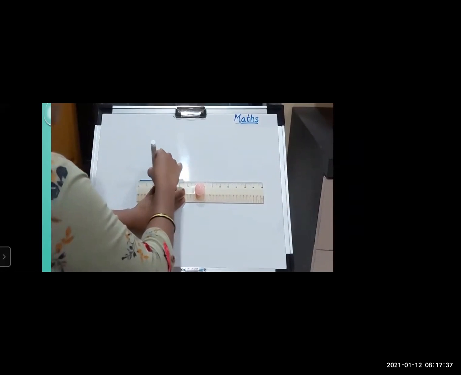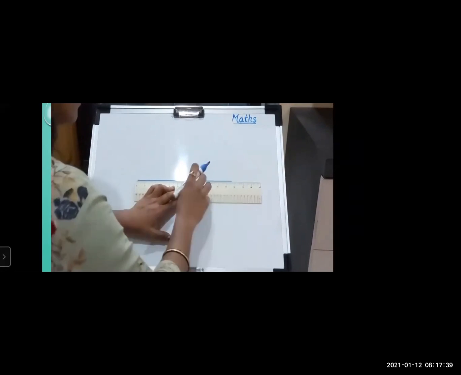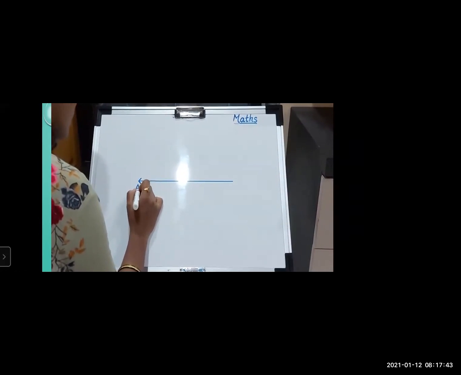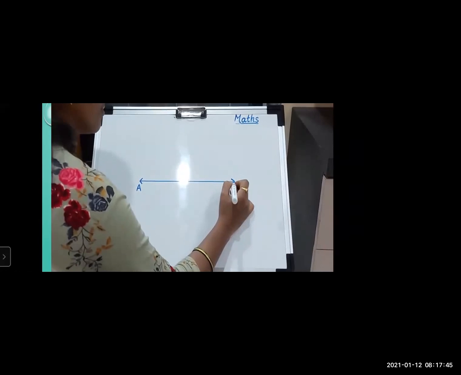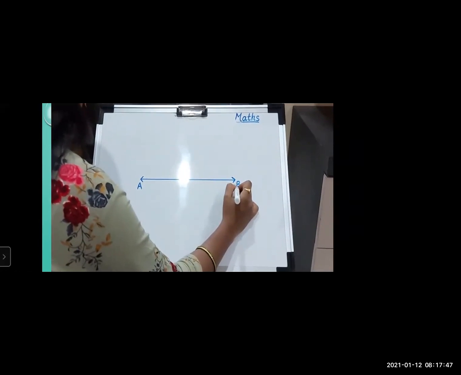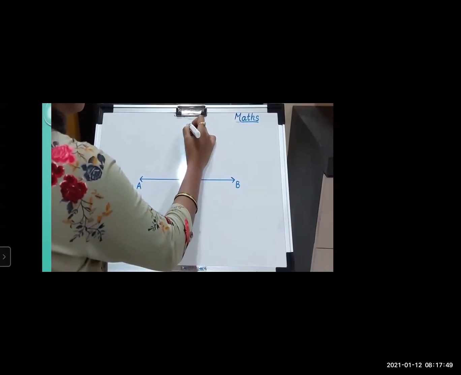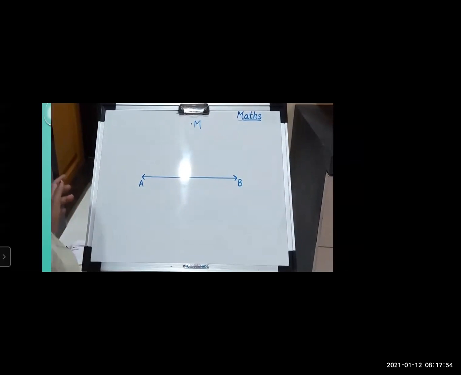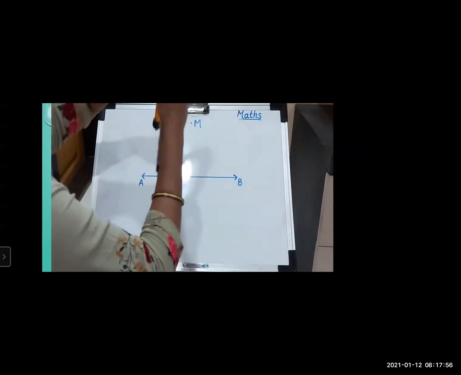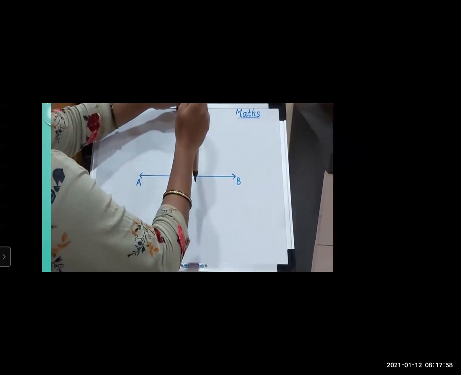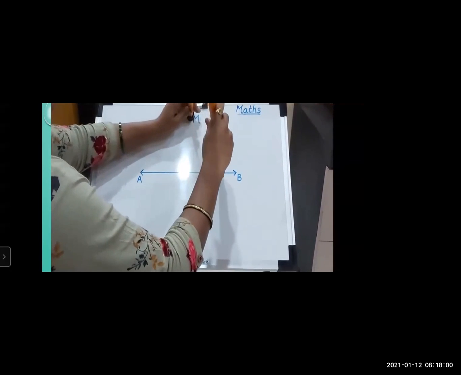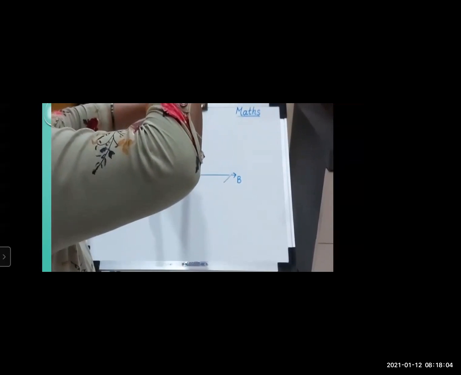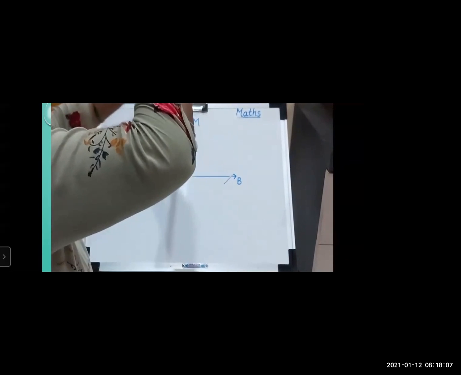Draw a line. It should be very straight. Now we will name this line as AB. Now as they have told us to give the point outside the line, I will name it as M. Now we'll use the compass, keep the pointer on point M and draw the arc on the line AB.